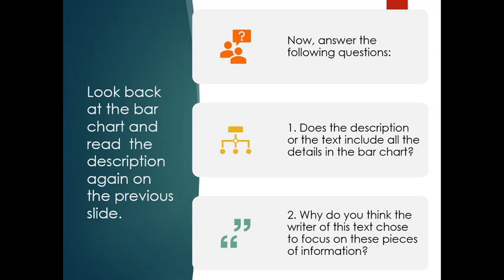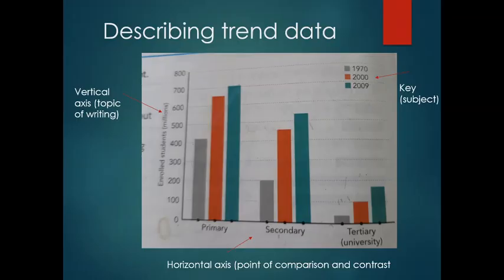That's the second question. Why do you think the writer of this text chose to focus on these pieces of information? Because when we are writing trend data, we are actually focusing on the trend, the change. So, did it increase or decrease? Is it showing an increasing trend or decreasing trend?